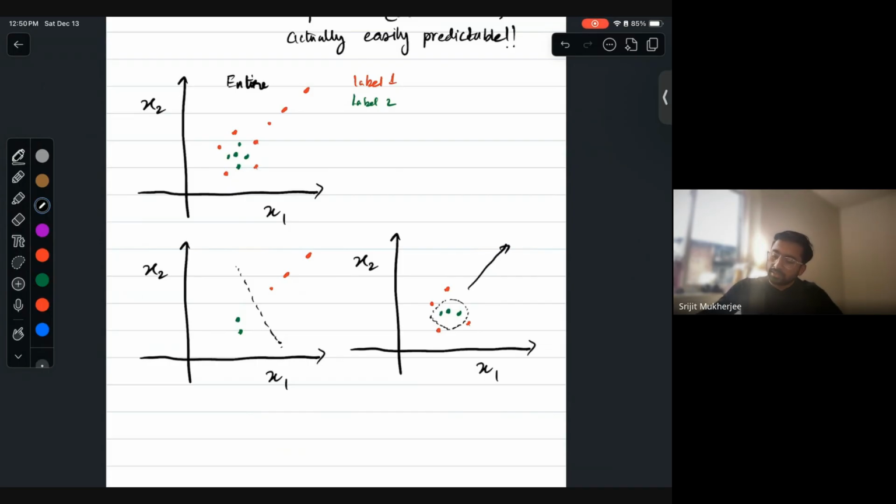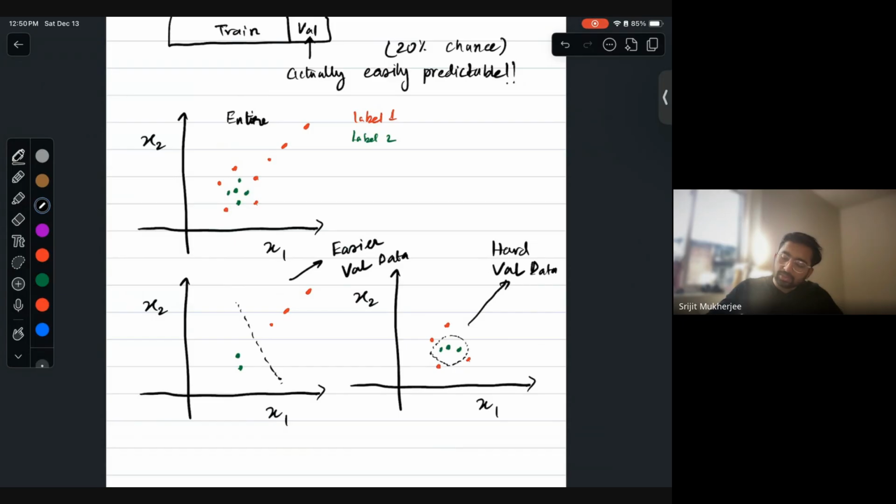So this is a harder validation, and this is an easier validation. Does it make sense? Let's say the function has learned this, but this is not the ideal. The ideal boundary is this, so it's very close to this. But what if you have an easier validation here?